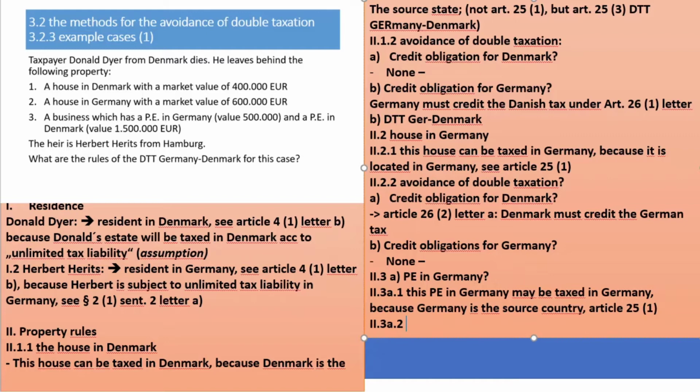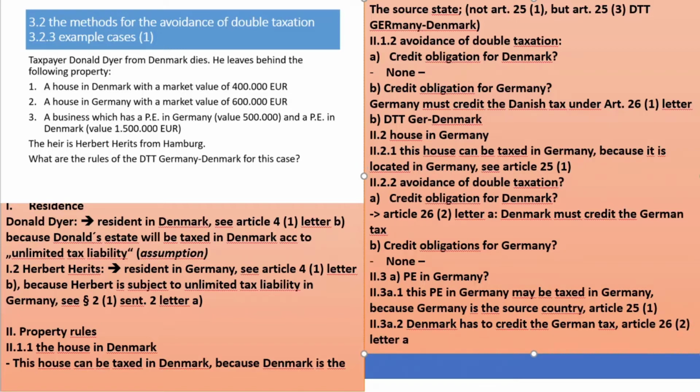Credit obligations, so avoidance of double taxation. Denmark has to credit the German tax. That was again Article 26, letter A, because Germany is source country of that permanent establishment.